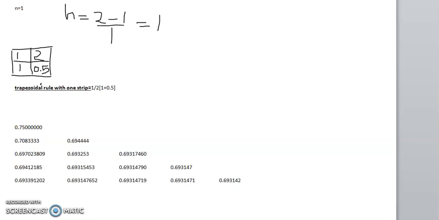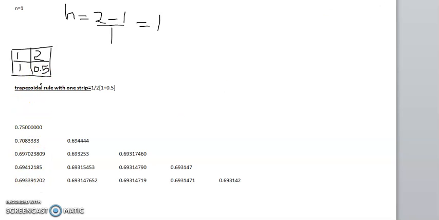The trapezoidal rule with 1 strip does not have the middles, so you use the 2, and you get your answer as 0.7500.